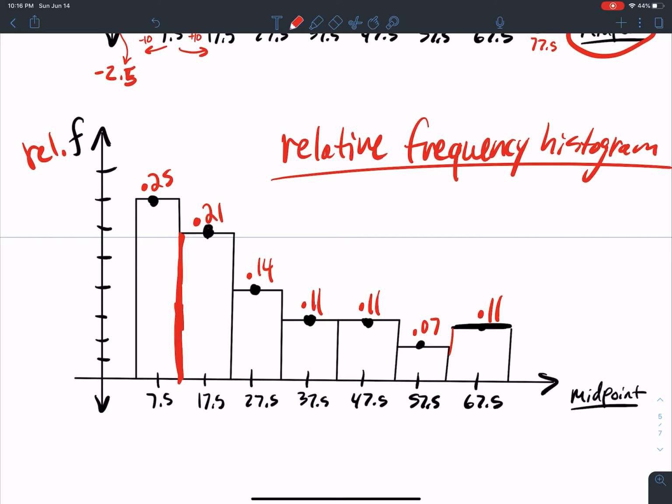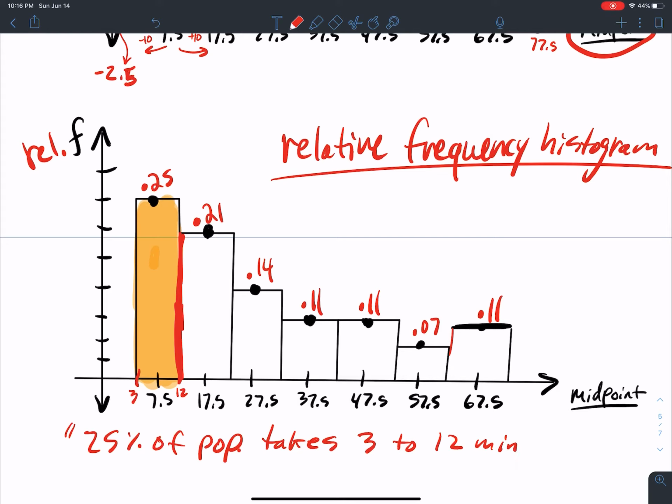Okay? So maybe you can make the conclusion, looking here, it looks like a ton of data fell in that first class. Well, if you think about that first class, what was it? It was from 3 to 12, right? Okay, so you could say like 25% of the population takes 3 to 12 minutes to get to work or school or wherever they're going in that problem.